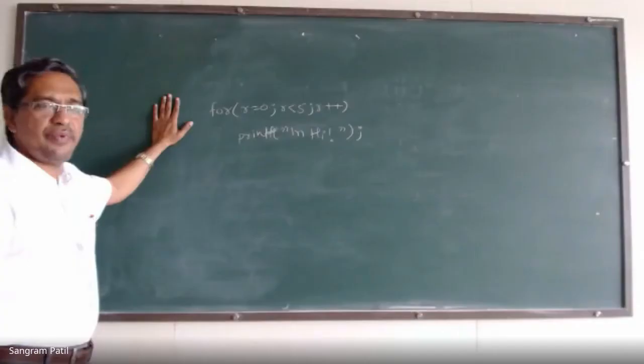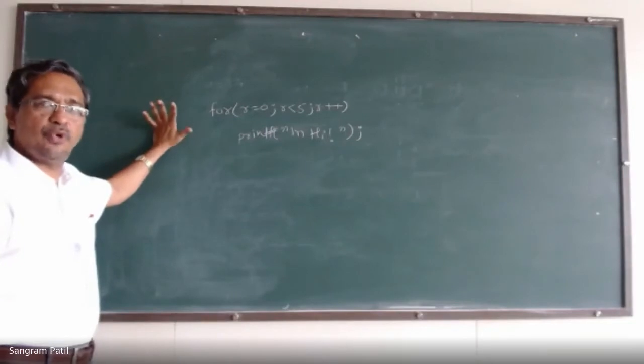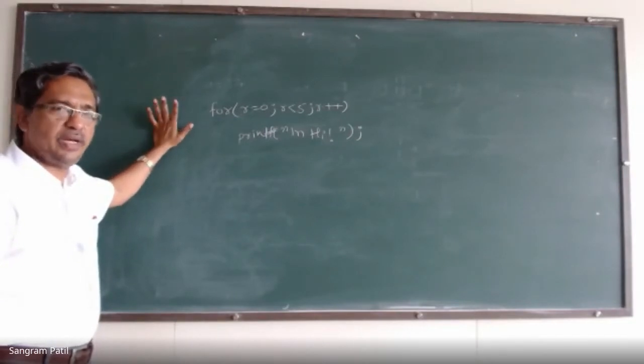So this will print high 5 times. 0, 1, 2, 3, 4. When it becomes 5, it will come out of the loop.